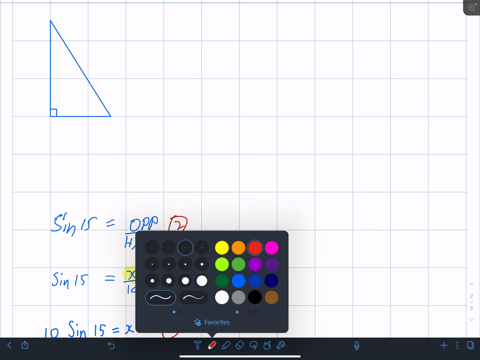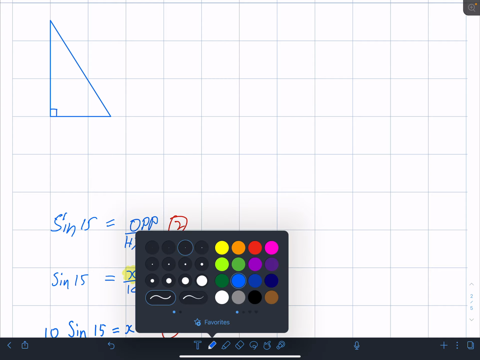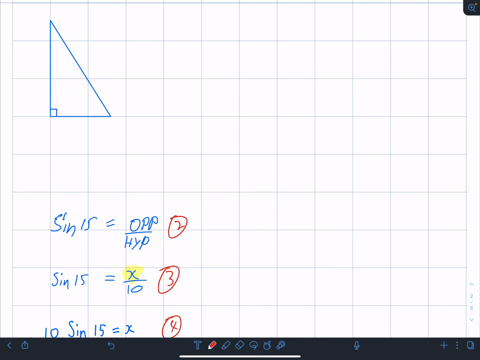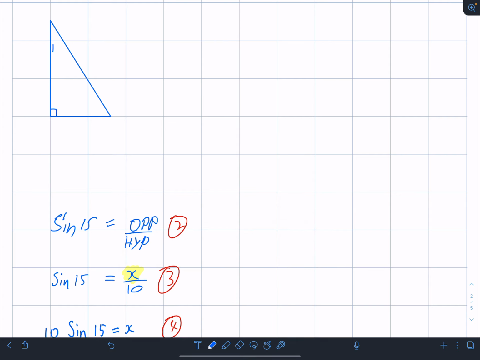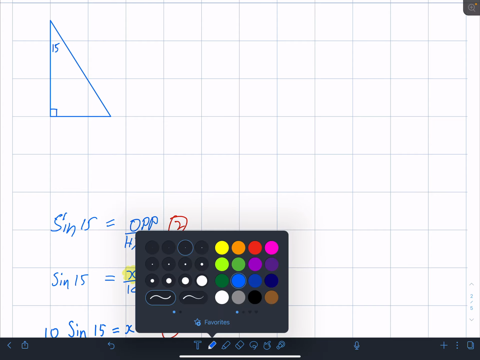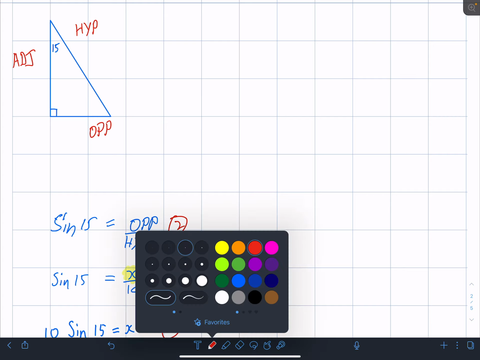And finally, we've got step 1. Step 1 is to add an angle, 15. And then we need to identify the hypotenuse, the adjacent, and the opposite sides. And so there's step 1.